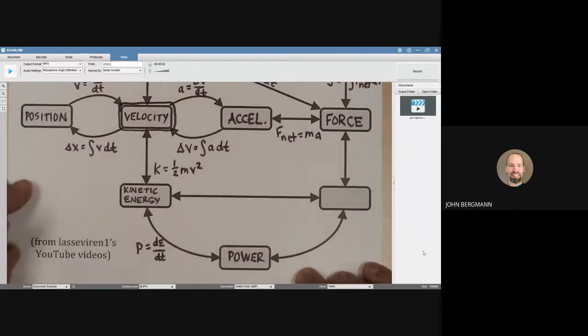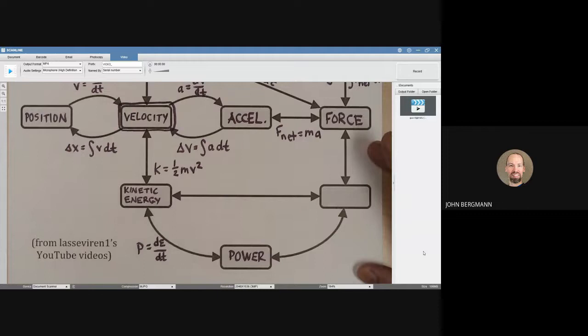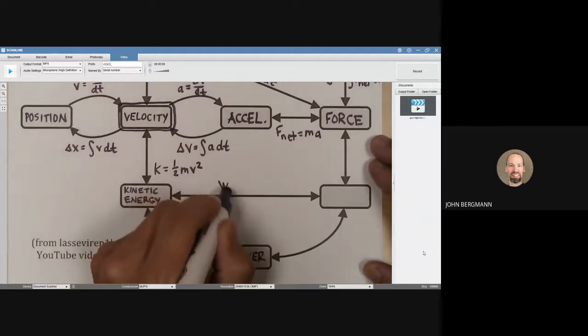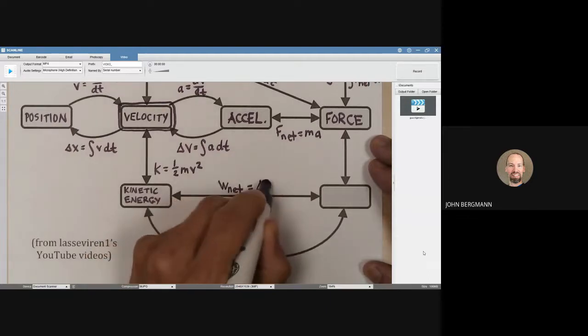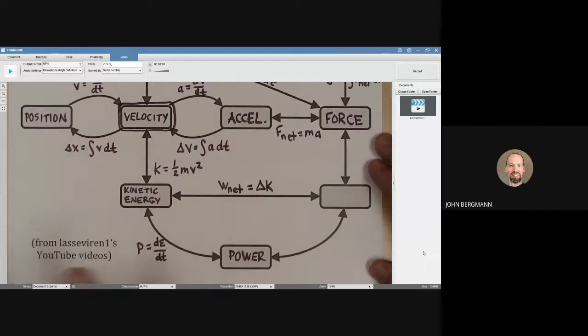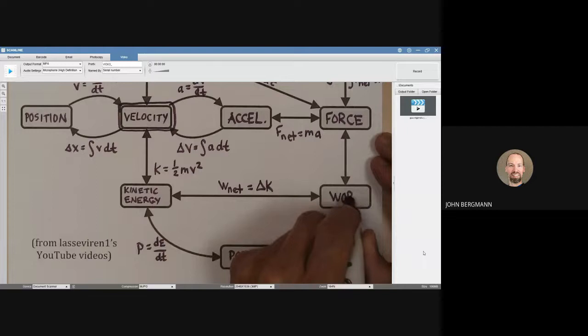Might not necessarily be entirely all kinetic energy, but the time derivative of the energy is going to give you the power. In your first year physics class, you might have gone through this idea that the net work done on an object is equal to its change in kinetic energy. So if you have some information about the kinetic energy, you can often find the work that's been done.